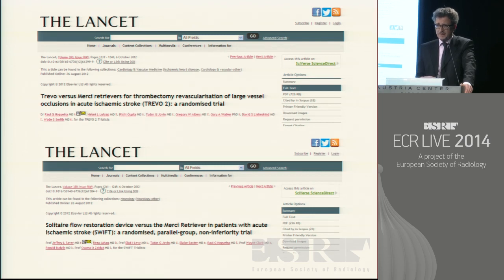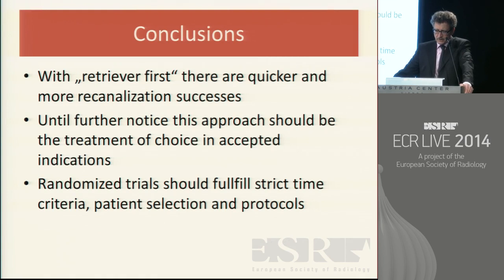And if we keep in mind that recanalization is the key factor of outcome in the patient with stroke, people who are involved believe that there will be a change, but there is no randomized proof for the time yet. So in conclusion, with the retriever-first option, we are quicker and we have more recanalization success. And until further notice, this approach should be the treatment of choice in accepted indications.